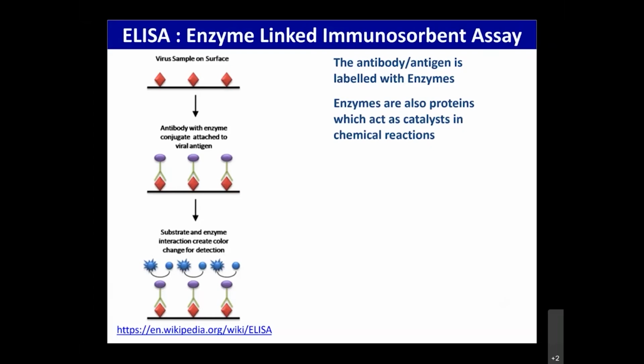It becomes very clear: if you're detecting a virus, then the antibody which is specific to that virus is a probe. But if you're trying to detect an antibody itself, which is what we do in a serology test for COVID, then you need to have an antigen as a probe, you see? So these probes will be labeled or tagged with enzymes, and these enzymes in turn act on what is called a substrate.